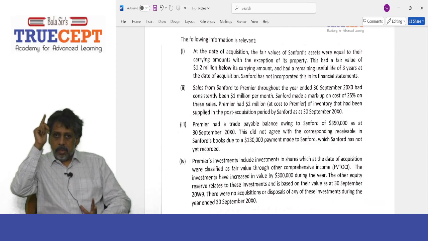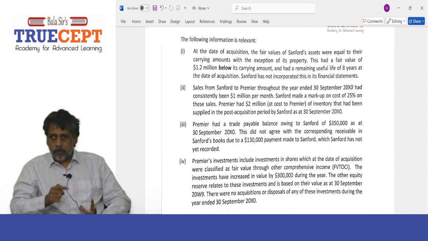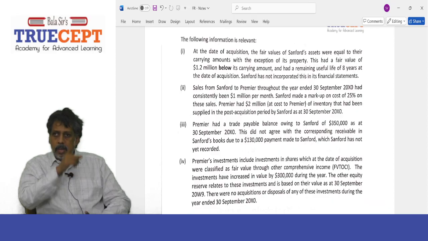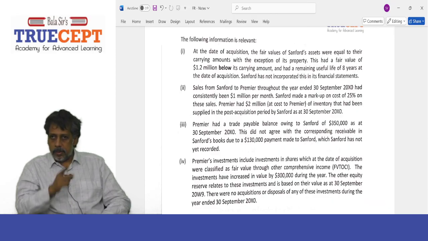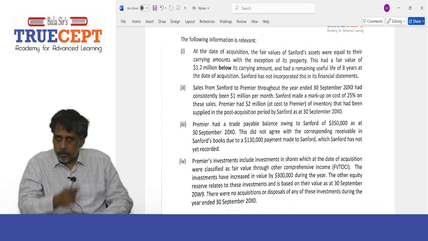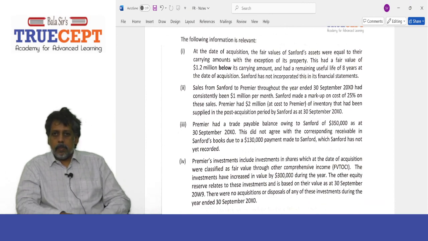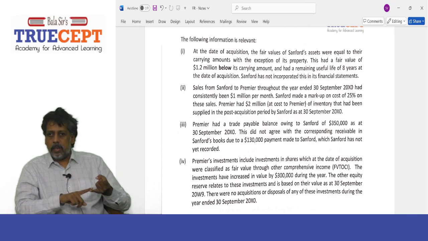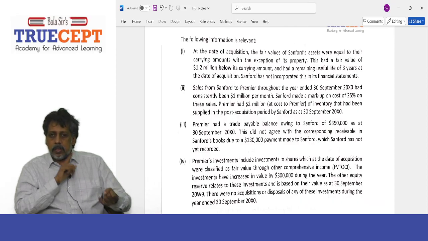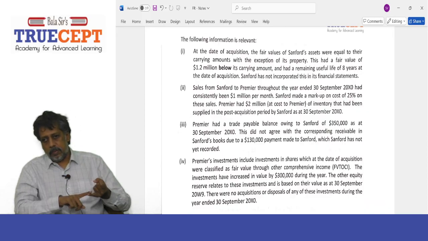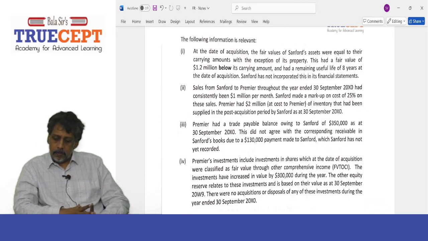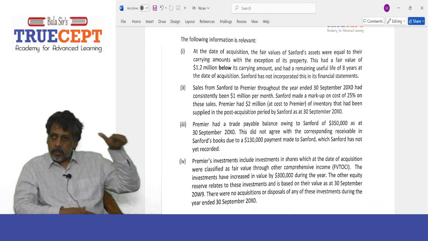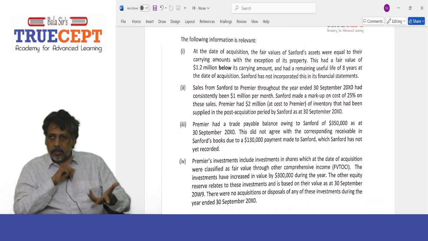That means there is a downward revaluation of assets of the subsidiary company at the time of acquisition, 1.2 million, or in thousands it's going to be 1,200. And it had a remaining useful life of 8 years at the date of acquisition, another 8 years from 1st June 20x0.